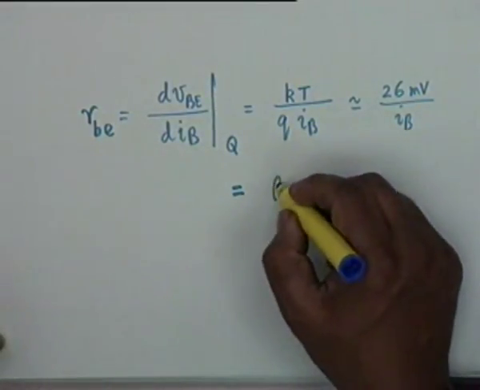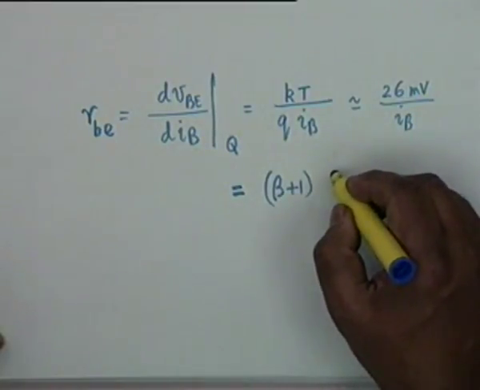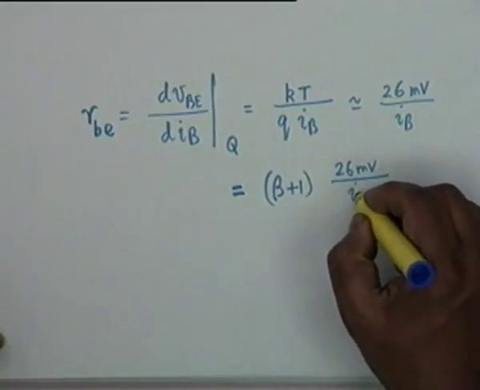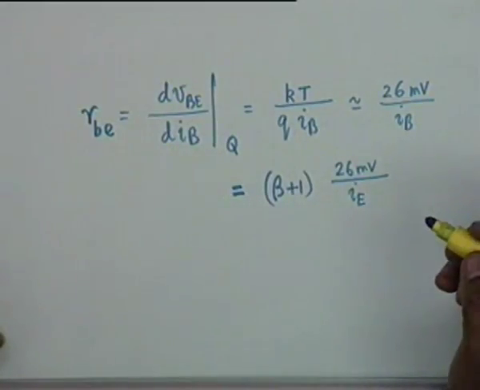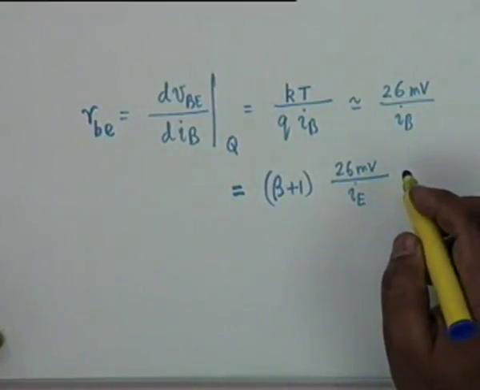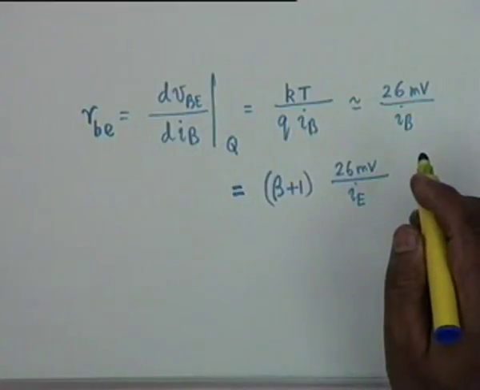So this is beta plus 1 times 26 millivolt divided by I sub E or I sub C, if you so desire, because they are approximately equal. They differ only by I sub CO.